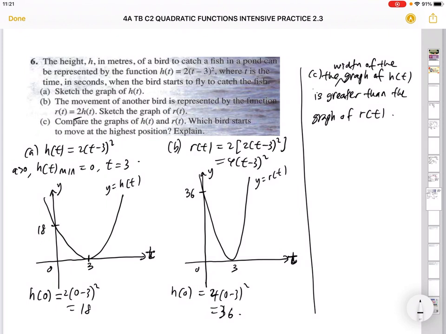We know when they start to move, T is 0, right? When T is 0, your H0 is 18, your R0 is 36, right, in meter.